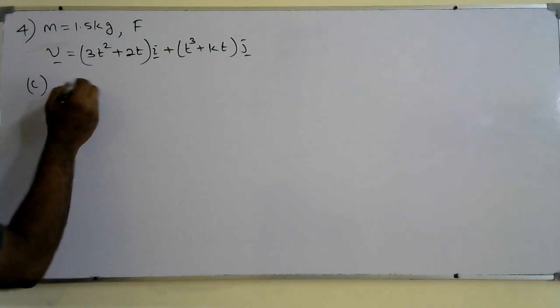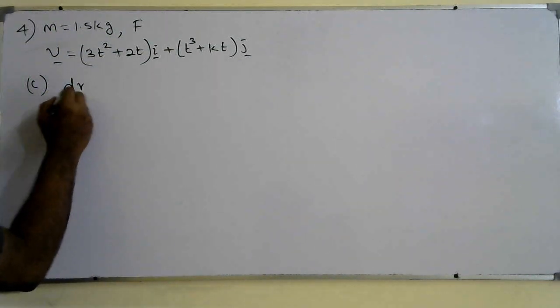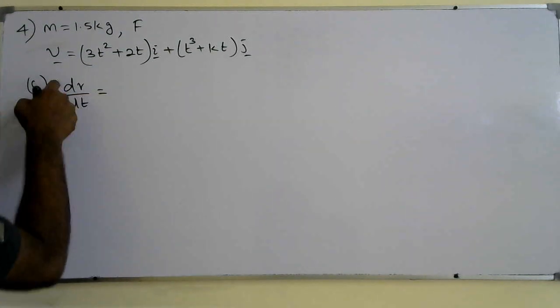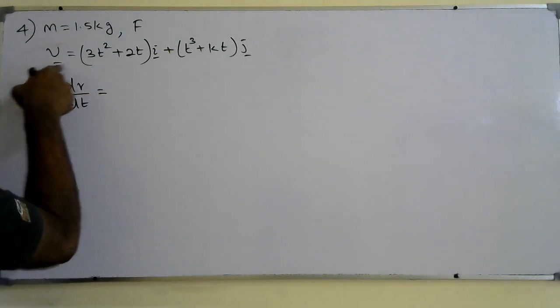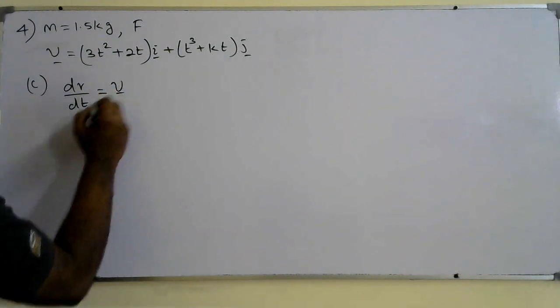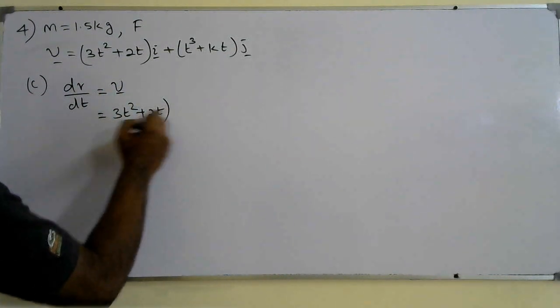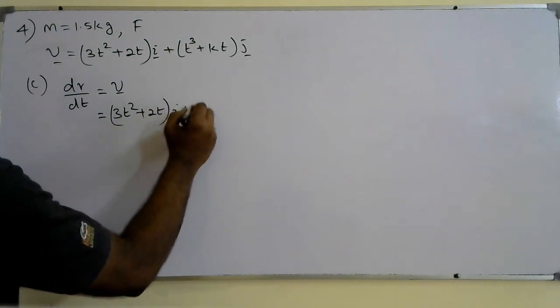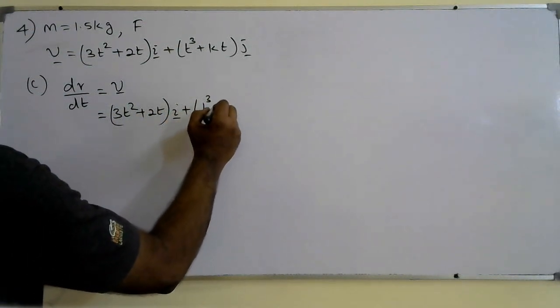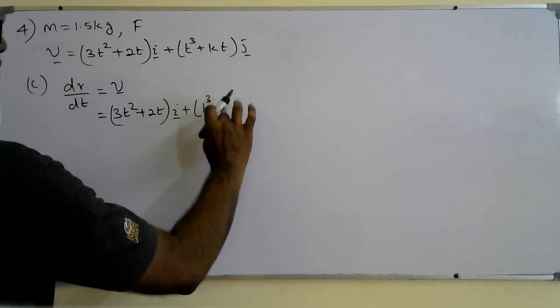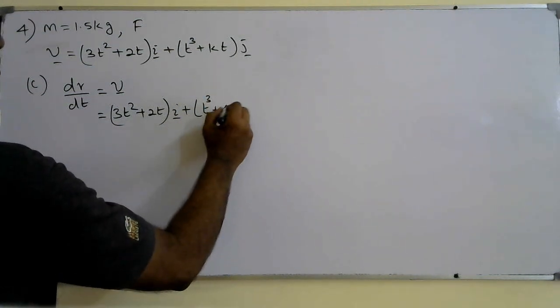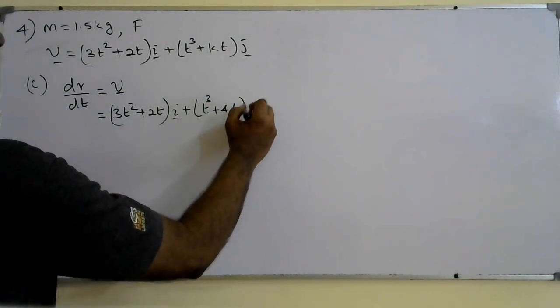We know that dr over dt is the velocity vector, which is (3t squared plus 2t) i plus (t cubed plus k, and we already found k to be 4, so 4t) j.